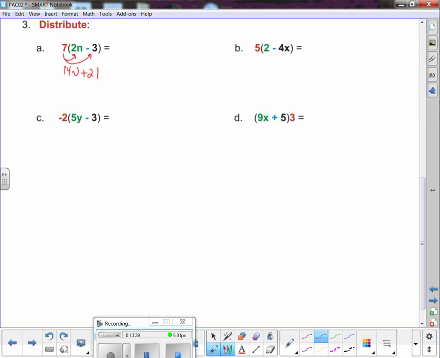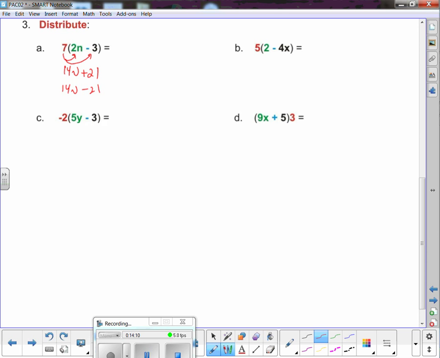How many don't like it? Whoa, all right. What's the problem? Who wants to tell me what you want? Christina, what do you want it to be? So you want 14n minus 21 like that? How many are with Christina? Whoa, the overwhelming majority? So which one is it? 14n plus 21, 14n minus 21.